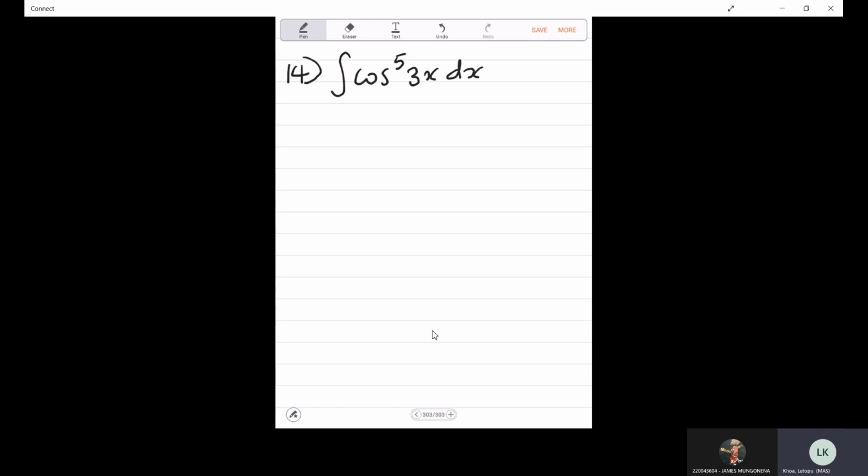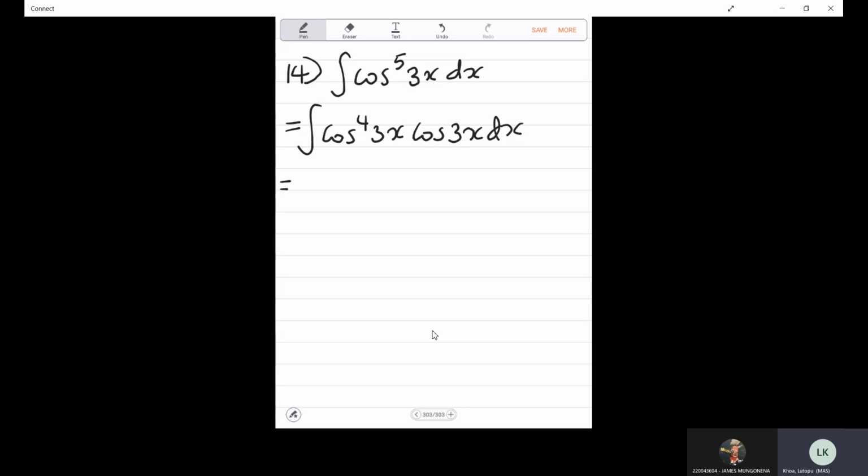So we should rewrite it as cos 3x times cos to the power of 4 of 3x. So we rewrite this as cos to the power of 4 of 3x times cos 3x dx. And then this cos to the power of 4, we write it as cos squared of 3x, squared.